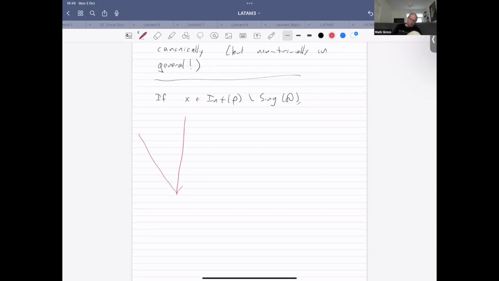So we have some picture like this. Here's rho, with codimension of rho 1. So we might have some walls in the scattering diagram or in the wall structure, something like this. And we have our point X here.